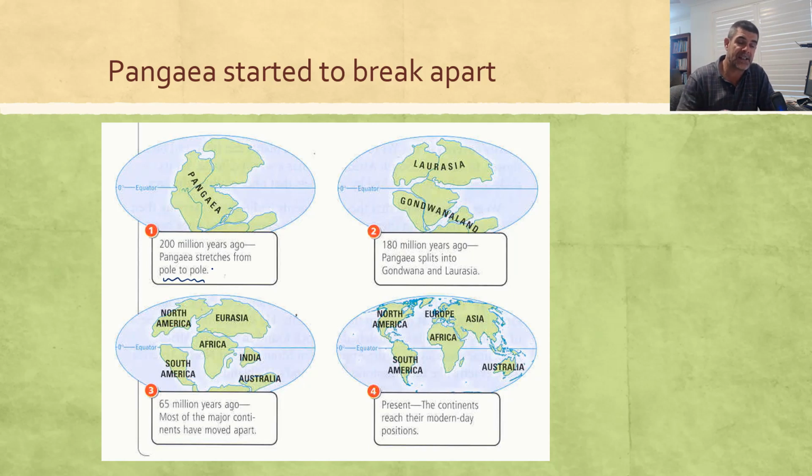180 million years ago is when we can start to roughly see this separation that we talked about before: the Eurasian plate, the North American plate or continent, and then South America, Africa, Arabia, as well as Antarctica, India, Australia, and so on.